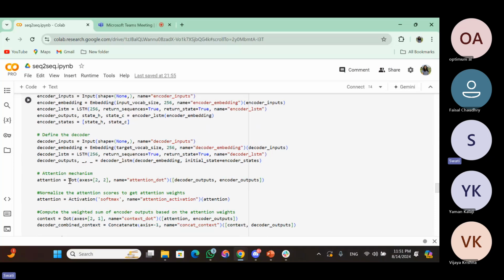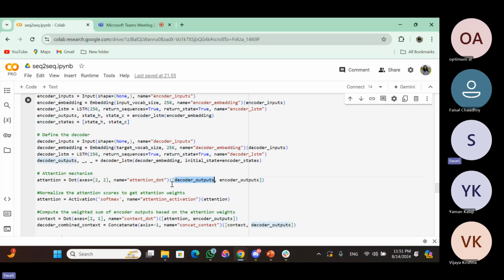Here we are saying take a dot product of the decoder outputs and the encoder outputs. These encoder outputs are hidden states, right? And the decoder outputs are the output from the previous timestamp, those Q values.